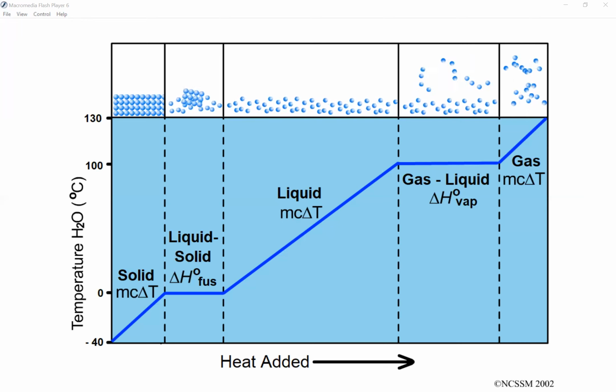Now, because the high energy particles escape, the average kinetic energy of the remaining particles decreases. In other words, the temperature of the remaining liquid decreases.